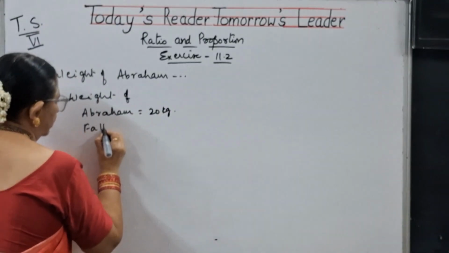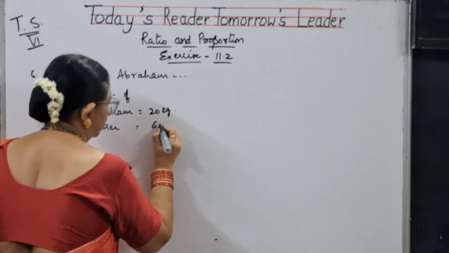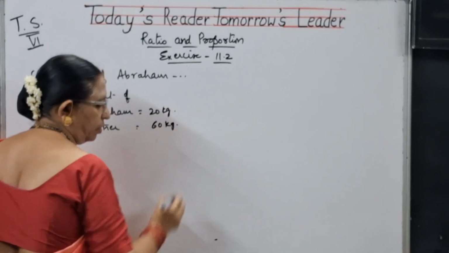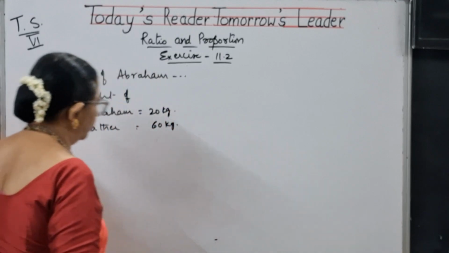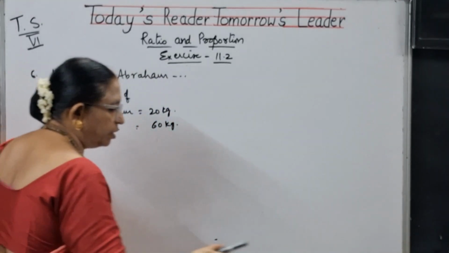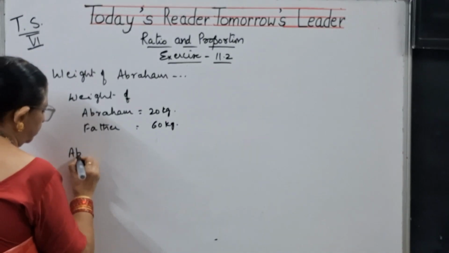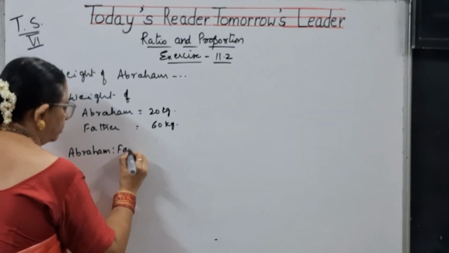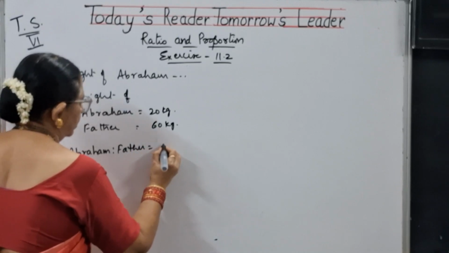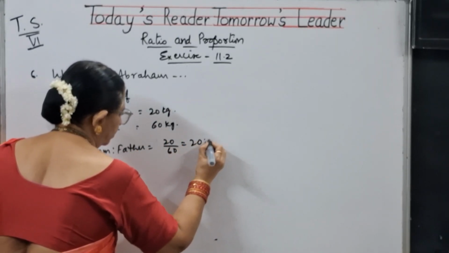So, what is the father's weight? Father's weight is 60 kgs. Now, the question is find the ratio of weight of Abraham to his father. So, Abraham is to father. This ratio we want is equal to 20 by 60. That means 20 is to 60.